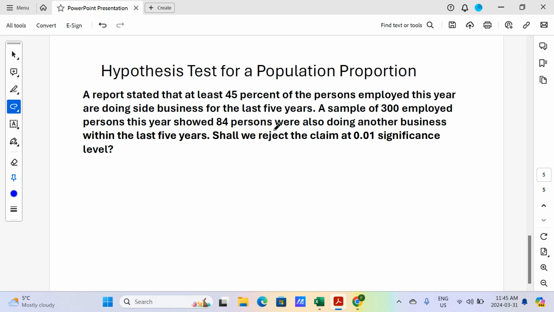And what is the probability of success? Do you remember in a binomial experiment, we need to have the probability of success. The probability of success is 45%. It's the probability of the persons employed this year and doing side business for the last 5 years.